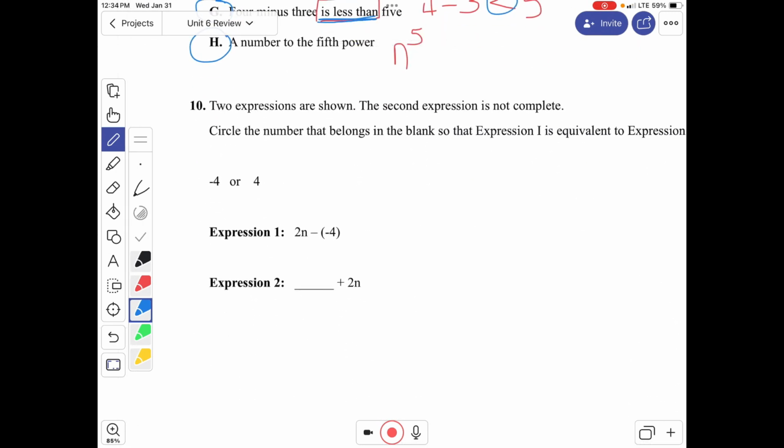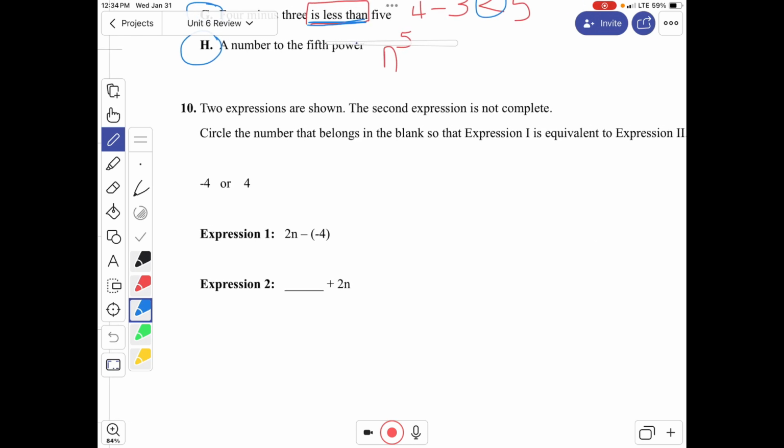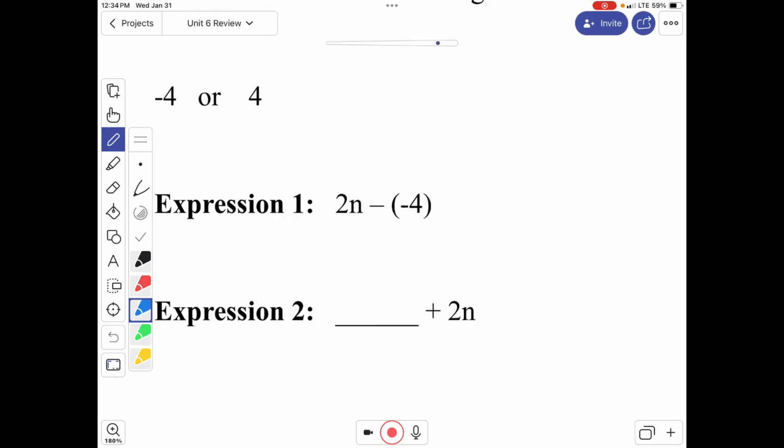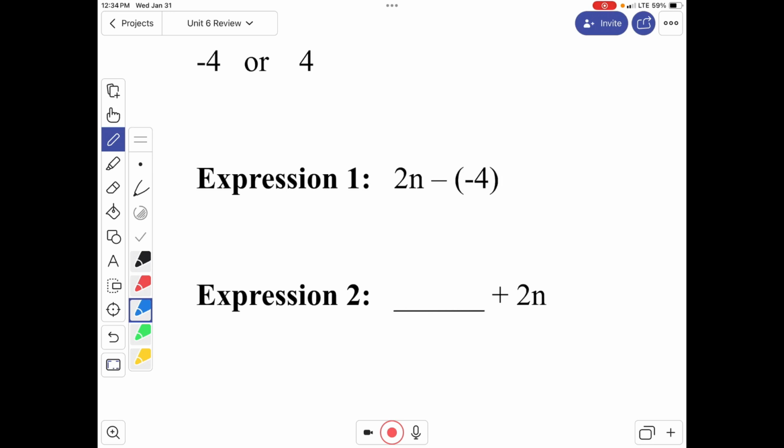Number 10 says 2 expressions are shown. The second expression is not complete. Circle the number that belongs in the blank so that expression 1 is equivalent to expression 2. So the first thing I notice about expression 1 is that it has minus a negative. And so if you're subtracting integers, there's a rule.